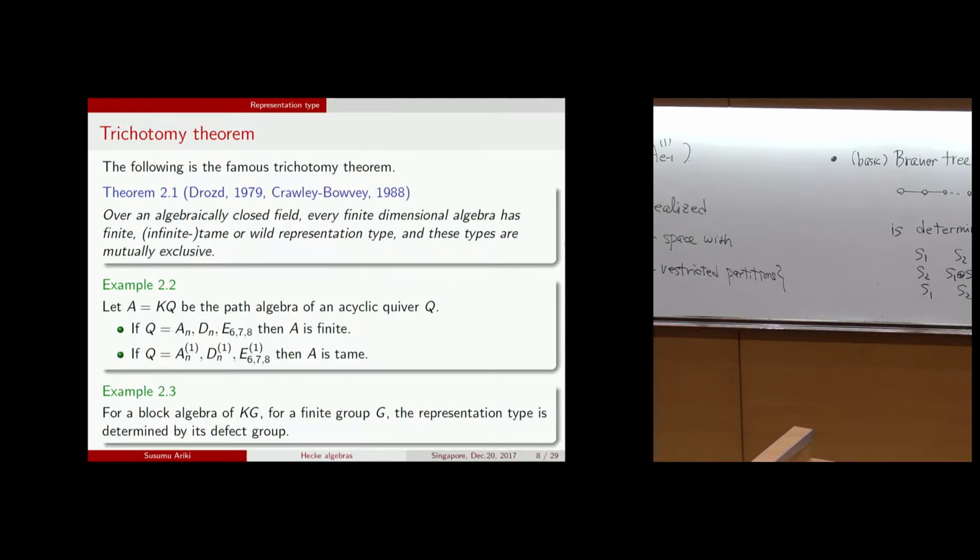Another example is a block algebra of a group algebra of a finite group, and they are determined by the defect group, by Bondarenko and Drozd for tame type. And for finite type, it is the cyclic case.